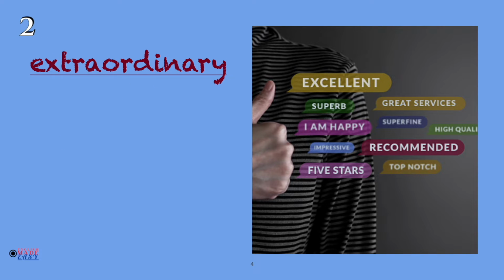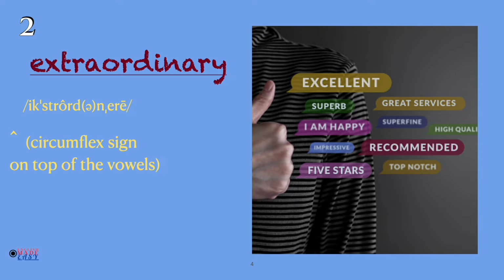Our second word is this. If you look at its phonetic spelling, you will see that the first letter E takes a short I sound followed by a primary stress right before the letter S from the KS sound of letter X. The letter A is dropped, but the letter O is stressed and prolonged using the circumflex sign on top of it.